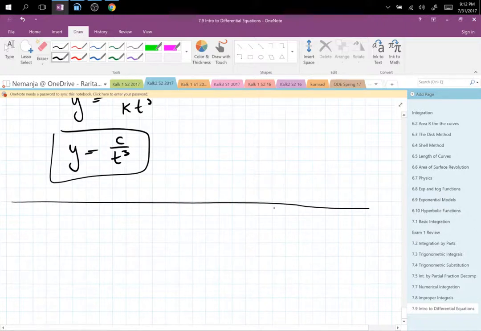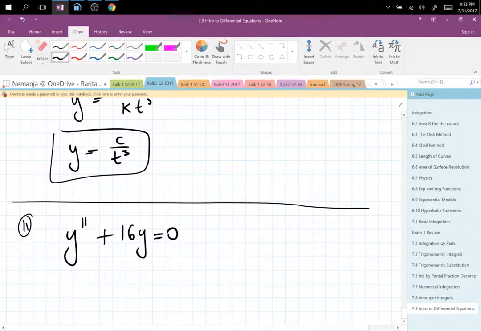All right, let's take a look at the more calculation intensive. Again, you are not solving, I'm giving you solution. Your job is to check it, which means plug in and check. So this is problem 11. Your differential equation is second derivative y plus 16y is 0.